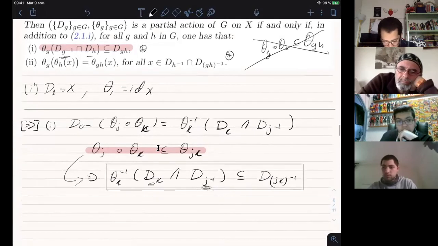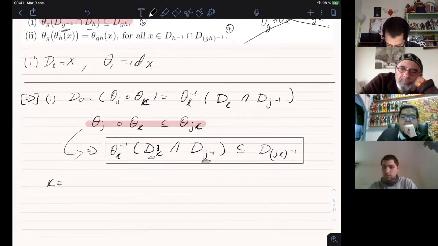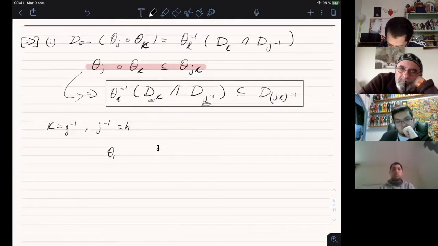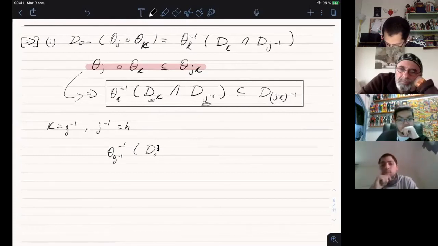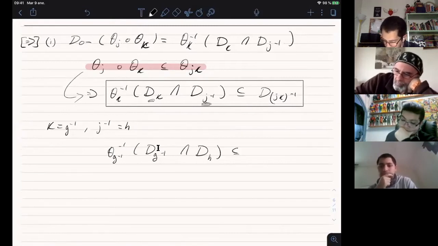So what I do is to make k equal to g minus 1 and j minus 1 equal to h. So what we have here is that D_{g minus 1} intersected with D_h is going to be a subset of, of course, D_{gh}.